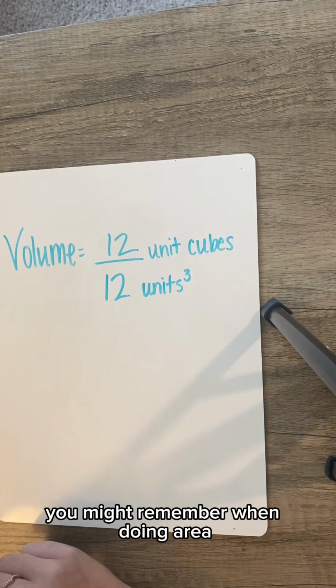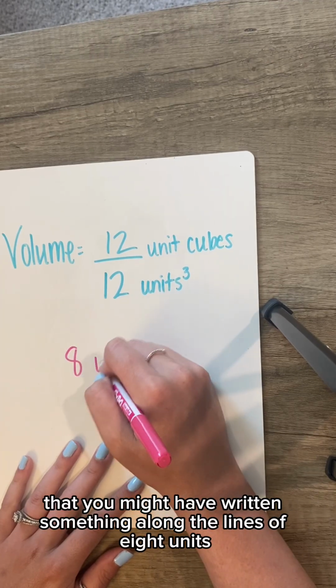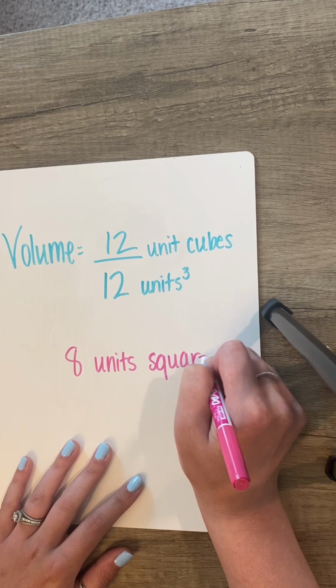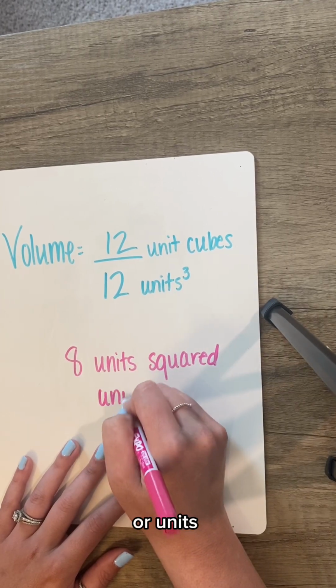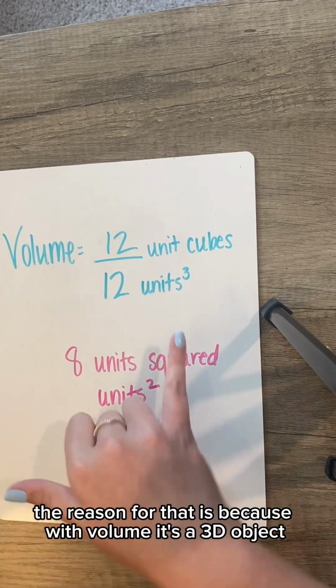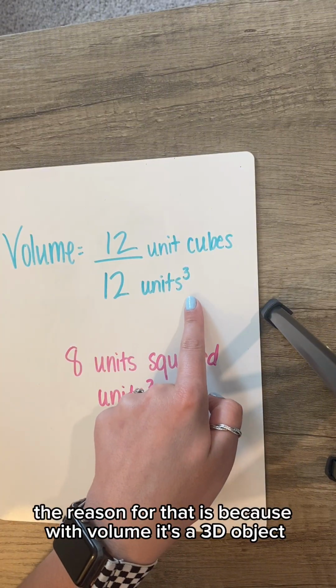In fourth grade, you might remember when doing area that you might have written something along the lines of 8 units squared, like this. The reason for that is because with volume, it's a 3D object.